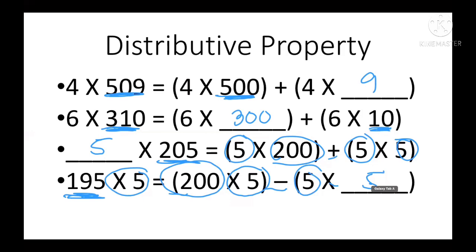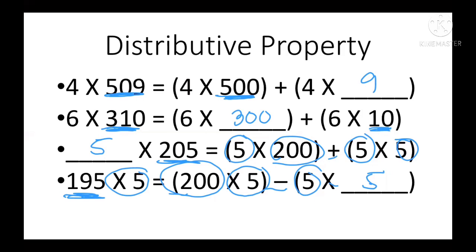Okay? So those are the 5 properties that the multiplication has. So you will use these properties in your future multiplication problems. Right? Let's review. We have the first one, commutative property, wherein even though the numbers are changing places, the answer is still the same.